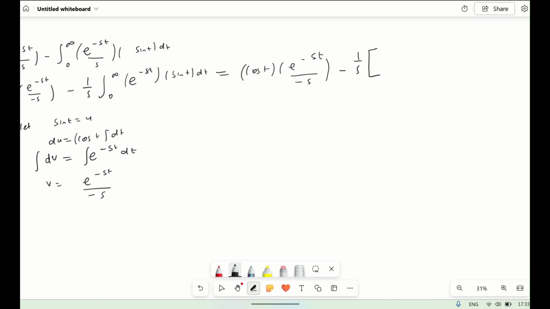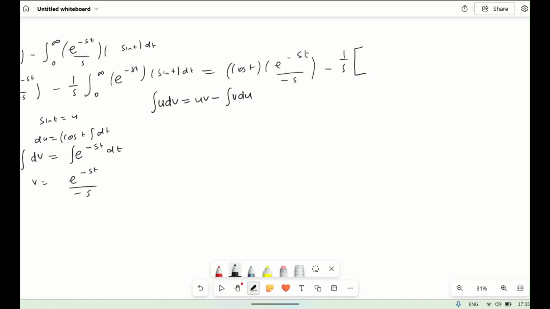So now I'll be writing the same thing that I was doing all along. When you integrate, u dv is equal to uv minus the integral of v du. So now I'm substituting that.